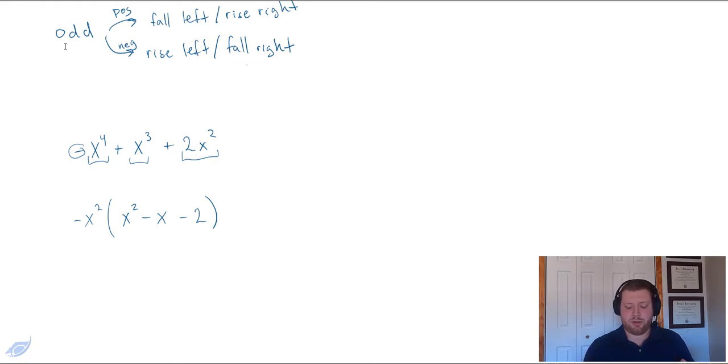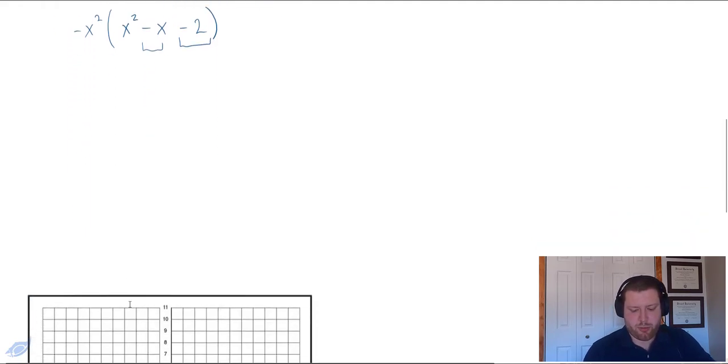You can use the quadratic formula, but I think the easiest way is to see what multiplies to negative 2 and what adds to negative 1. The correct answer is positive 1 and negative 2. So we're going to say negative x squared, times x plus 1, times x minus 2.